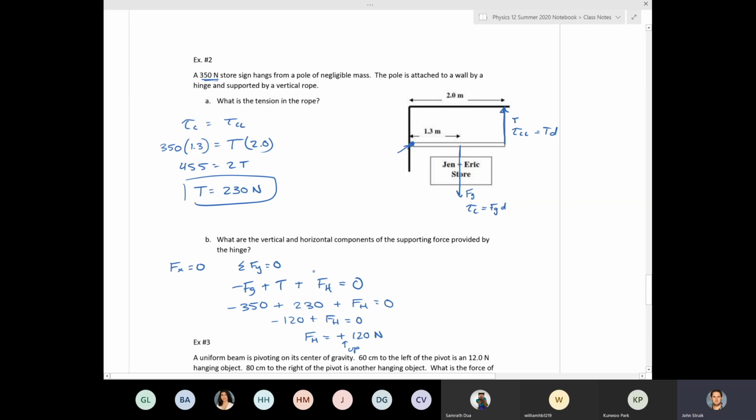I'm adding the absolute value of FH here, so if my answer comes out negative, that means it's going down. If my answer comes out positive, that means it's going up. So there is a force acting at the hinge, but the reason we don't include it in our torque is because torque is F times D. If that D is 0, then the torque is 0.